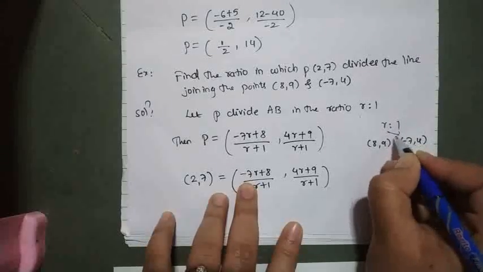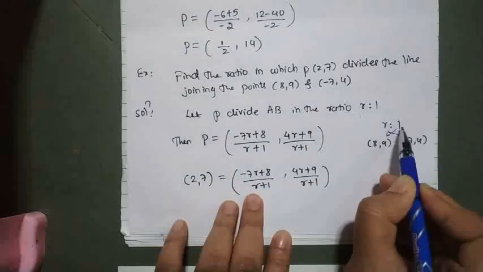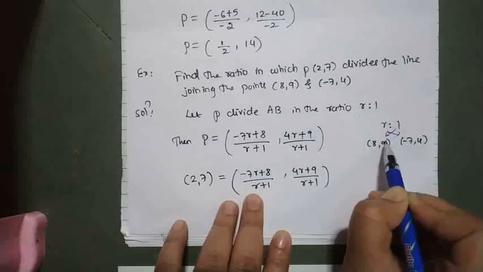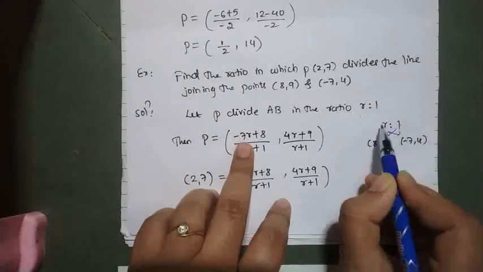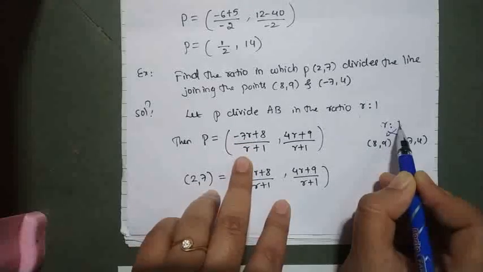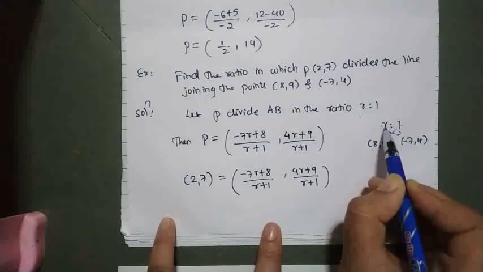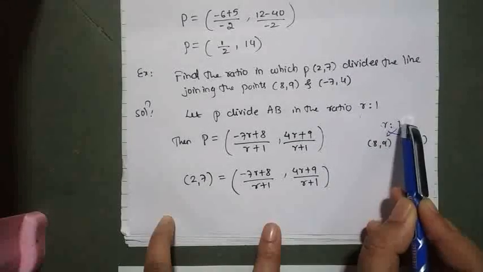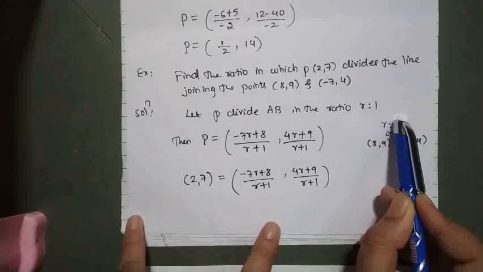The coordinate of point P is given by (mx2 plus nx1) by (m plus n), (my2 plus ny1) by (m plus n). So applying the formula, that is (-7r plus 8) divided by (r plus 1), and similarly (my2 plus ny1) divided by (m plus n) is (4r plus 9) divided by (r plus 1).